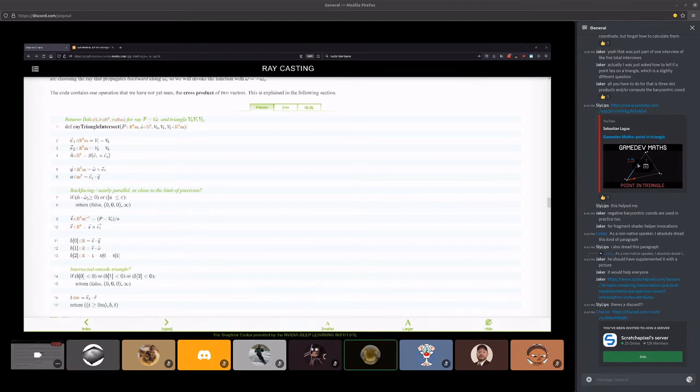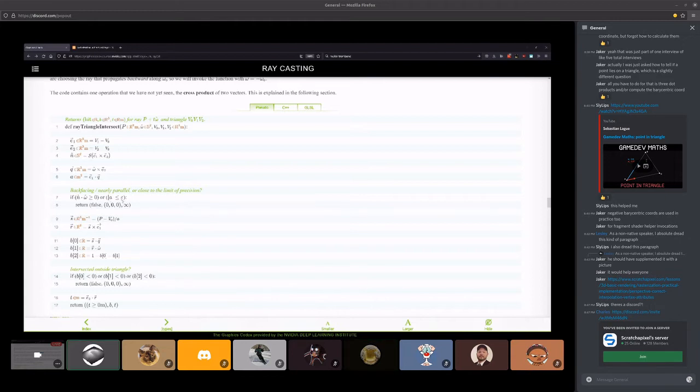So if we dot the omega direction and the normal and it's greater than 0, or the absolute value of the dot product of E1 and Q is less than epsilon, it doesn't intersect. Okay, so this is implying nearly parallel, because we're dealing with computers and not math.